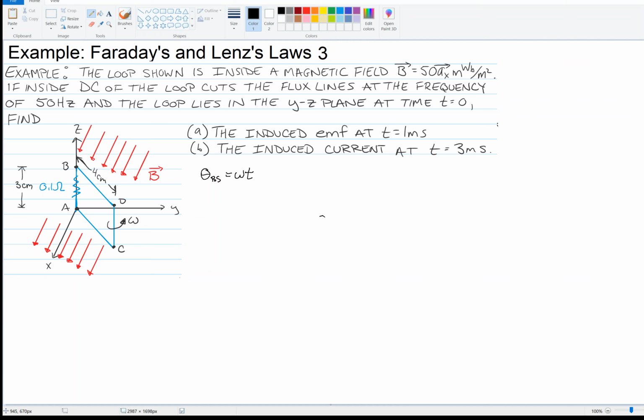Theta is equal to omega times t, and we're given the frequency in hertz. So we're going to transform this to 2 pi f t, like that. Omega is 2 pi f. So now omega is in radians per second, f is in cycles per second, or hertz.